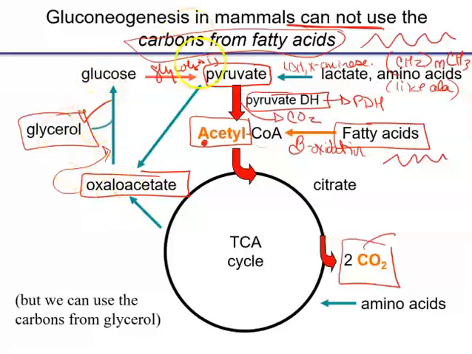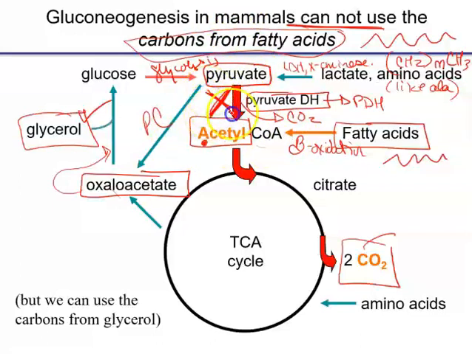However, if we transform pyruvate to oxaloacetate by pyruvate carboxylase, now we can capture those carbons into glucose. As far as taking acetyl-CoA, which could be formed from fatty acids, and saying, well, how come we can't convert acetyl-CoA back to pyruvate? It can't be done.